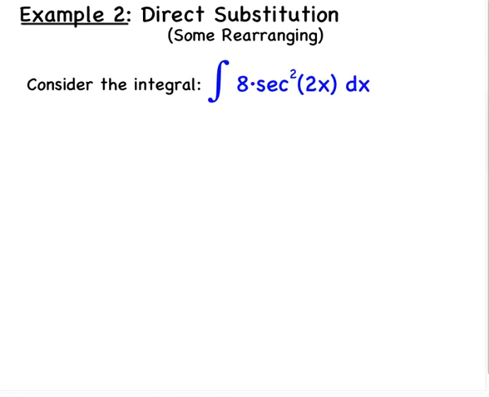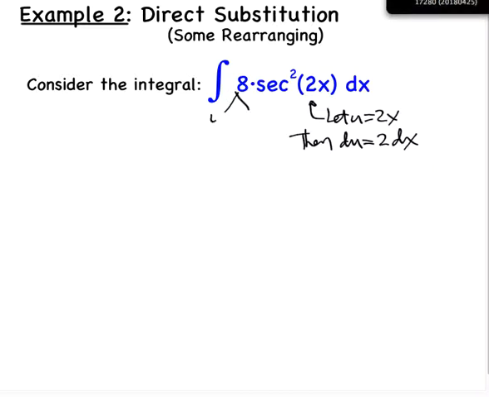Let's look at this next example. Again, we look at the interior function. We say let u equal 2x. Then du is equal to 2 times dx. And we say, well, we have the dx, and we have an 8 out here, but we can split this 8 up into 4 times 2, and we'll group the 2 with the dx.